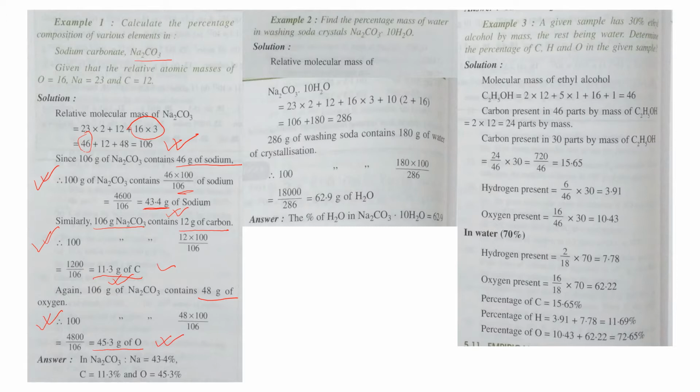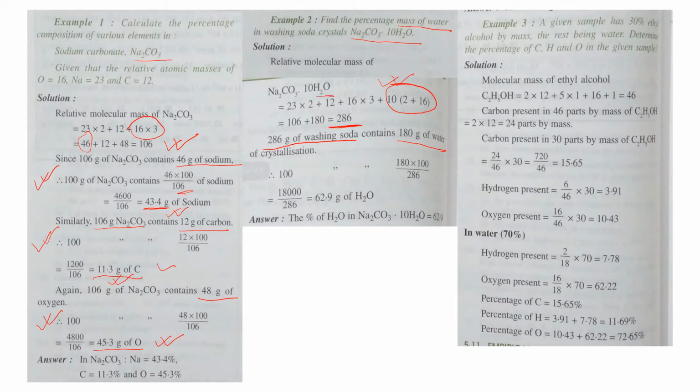Okay. Now the second one, find the percentage mass of water. Only you have to find out the water of crystallization in washing soda crystal. The formula is Na2CO3.10H2O. Find out the molecular mass of Na2CO3.10H2O. Now 286 you are getting. So 286 gram of washing soda contains 180 gram of water.